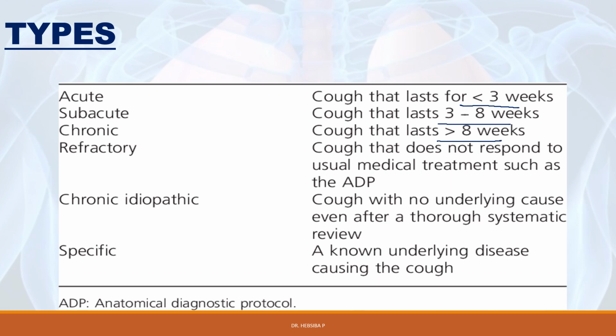Then refractory cough, in the sense of cough that does not respond to usual medical treatment such as anatomical diagnostic protocol. Then chronic idiopathic cough, that is cough with no underlying cause even after a thorough systematic review. Then specific cough, in the sense of a known underlying disease causing the cough. Other than this, many other kinds of cough are there: dry cough, wet cough.